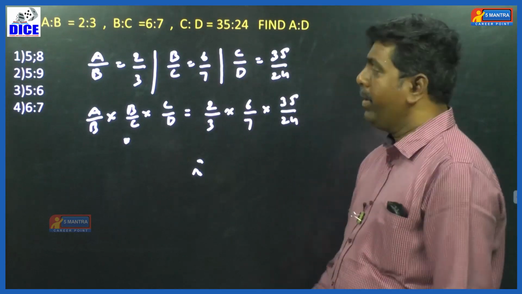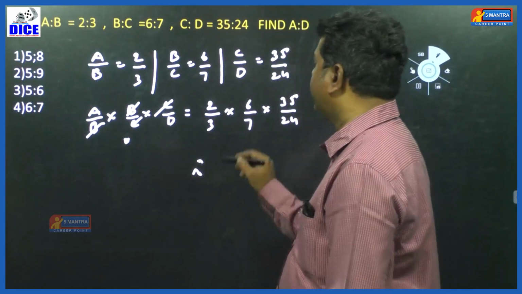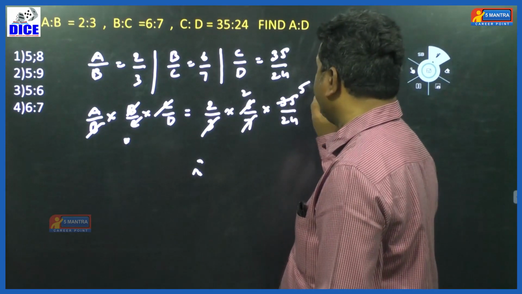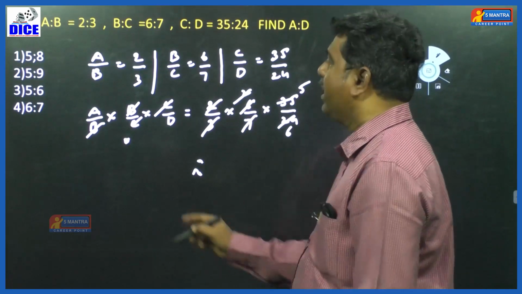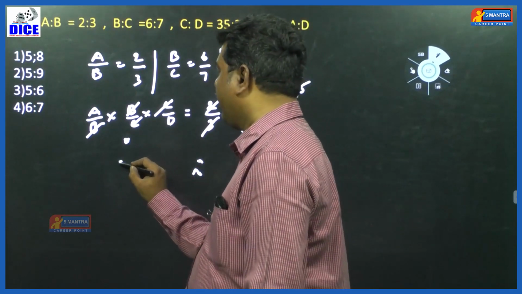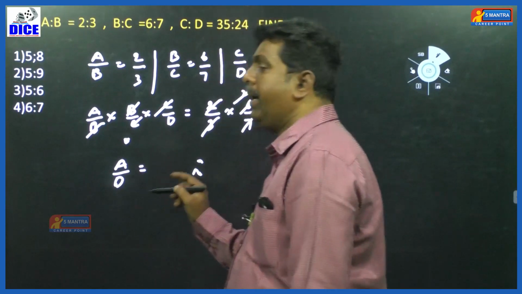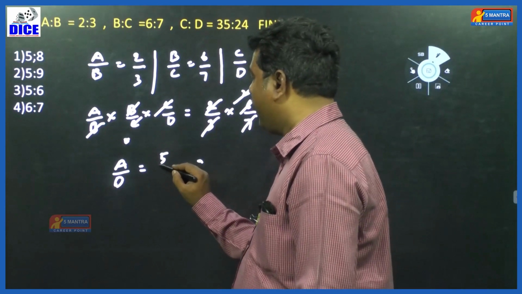Now here B and B cancel, C and C cancel. 3 ones are 3, 3 twos are 6, 7 ones are 7, 7 fives are 35, 2 into 2 is 4, 4 sixes are 24. So the remaining is A by D, which is 5/6. Therefore, A by D is equal to 5/6.